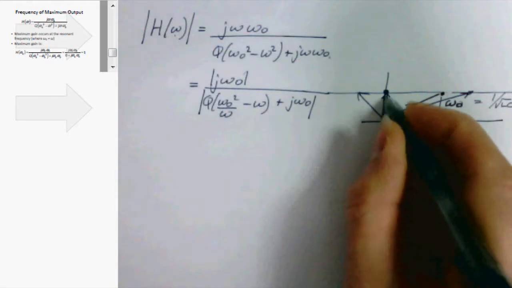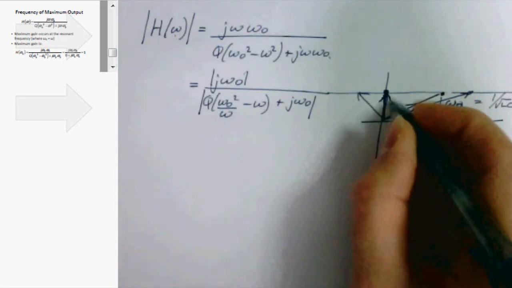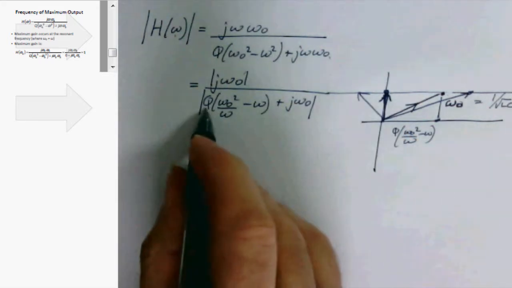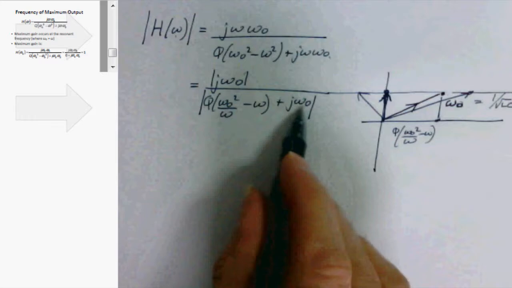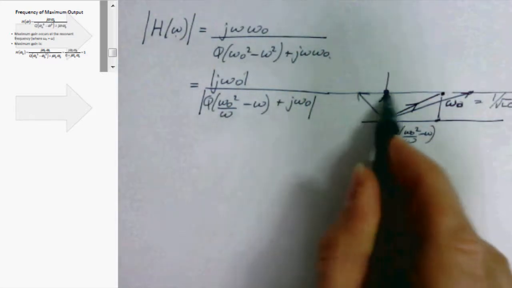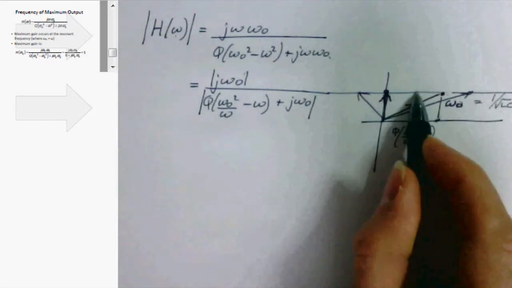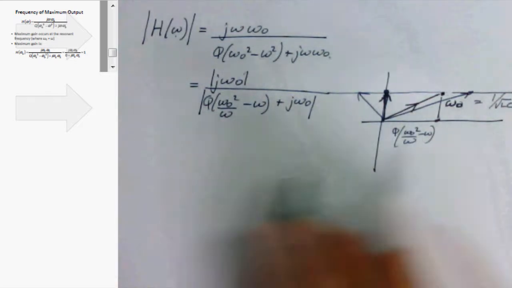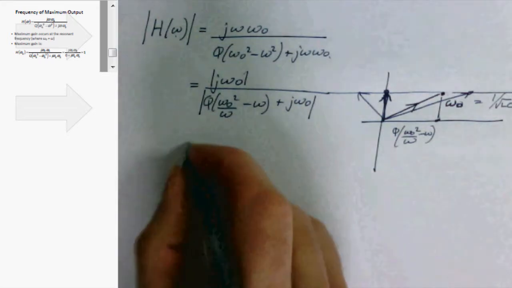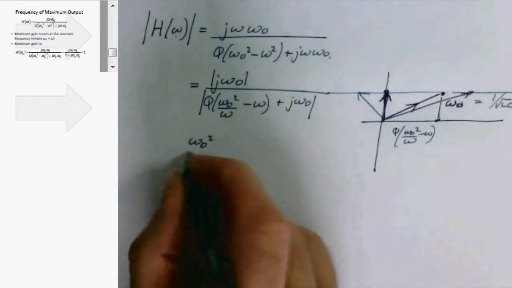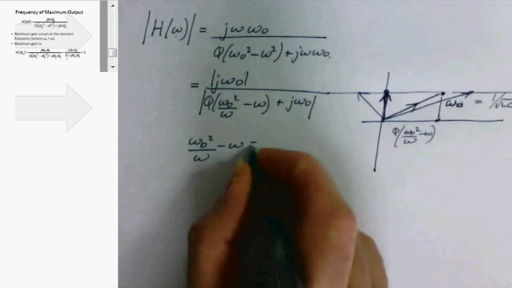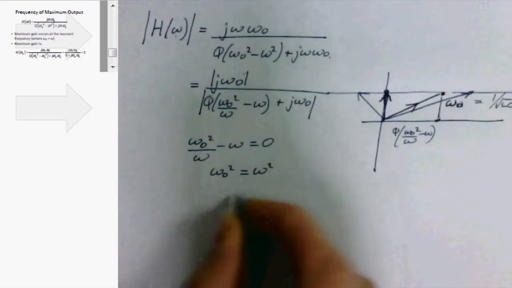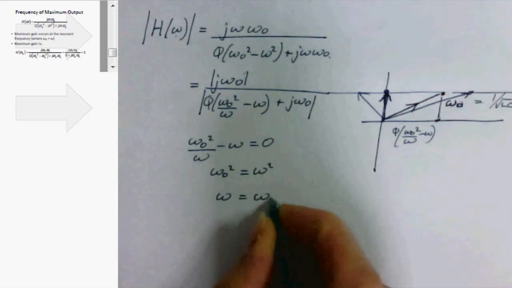That is the minimum possible distance that you can go from the origin to any point on this denominator line, on all possible values of the denominator for any value of omega. And it occurs when the real value is 0. The real value is 0 when omega naught squared over omega minus omega is 0, which is when omega naught squared equals omega squared, which is omega equals omega naught.